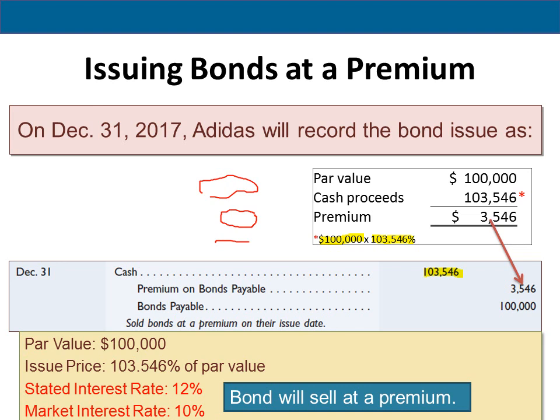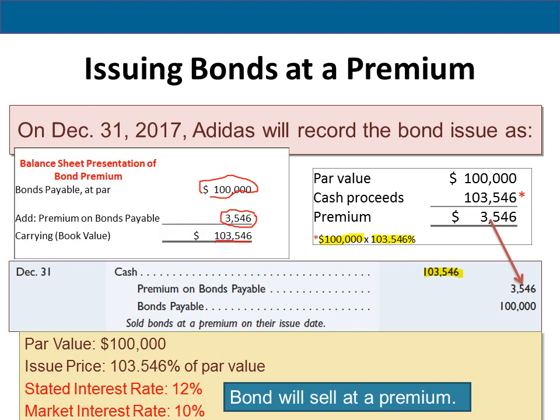So what is an adjunct account? This is an account that is directly related to another account. Adjunct accounts have the same normal balance as the related account and they are added to the related account on the balance sheet. So when we want to make a balance sheet presentation of the bonds payable, we will see that bonds payable will be recorded at the balance sheet at its par value, which is $100,000.